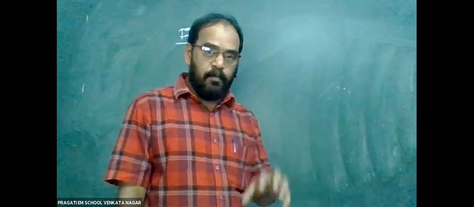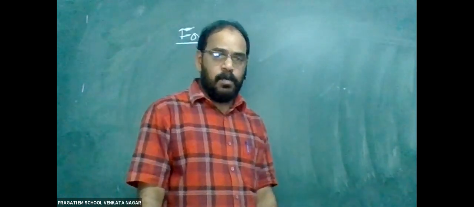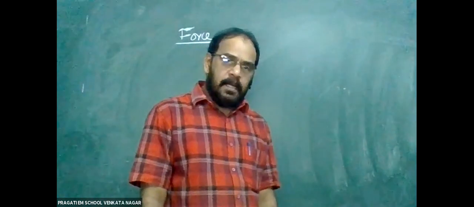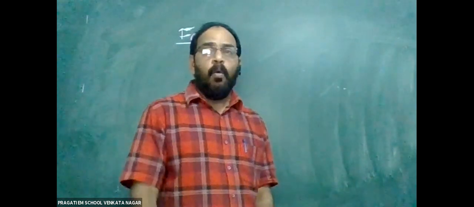A force is required to stop a moving object. Force is required to create motion, and force is also required to stop a moving object. These are the uses or definitions of force. There are other definitions which we study in higher classes. Now, the simple definition: what is a force? If the question comes, you write it.